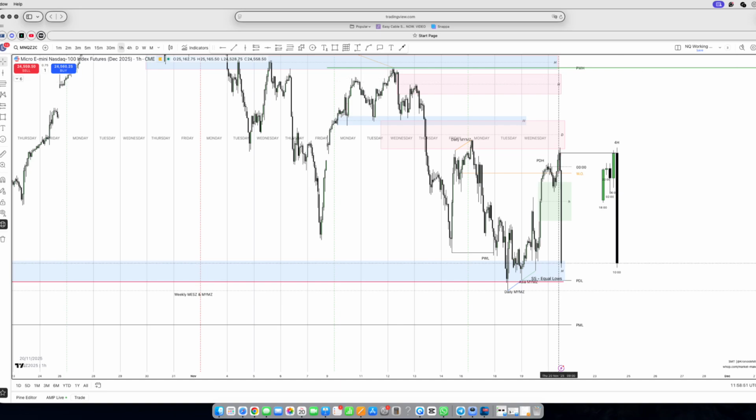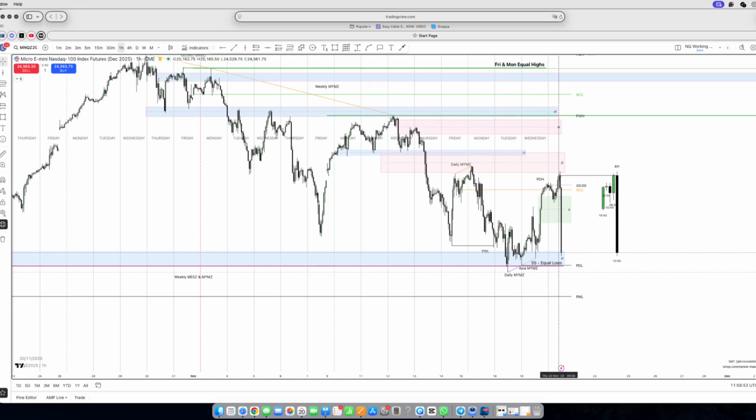But let's just take a look on the higher time frame, what we're looking at here. This is on the hourly. The blue rectangles that I have on my chart, you guys know if you follow my channel that these are the areas that IPDA recycles back to. Okay, so we can see here that price came up, touched it, came down, touched it again, we came back down, touched it again.